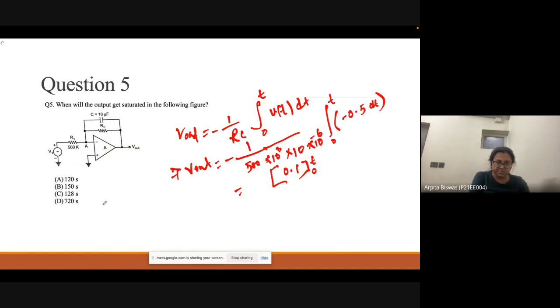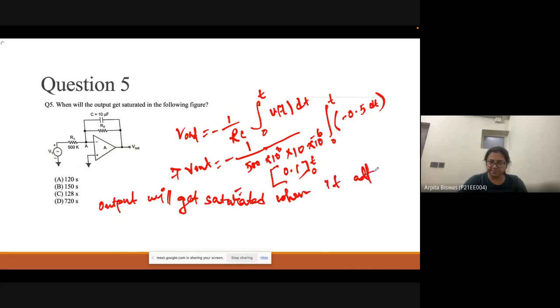Now see, the output will be saturated when it attains the value of supply voltage, that is 12 volt.